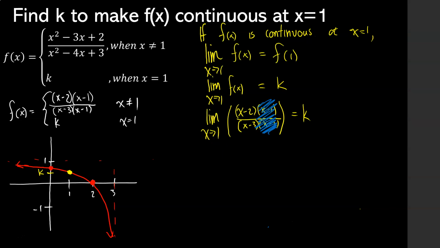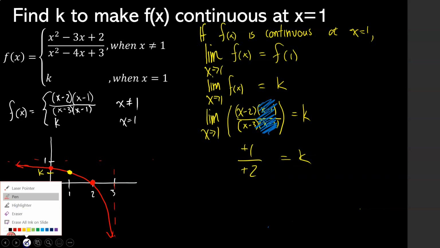We're using numbers a little bit less than 1 and a little bit more than 1. Look at what's left. All we really care about is x minus 2 over x minus 3, and that expression doesn't have any problems at 1. So 1 minus 2 is negative 1, and 1 minus 3 is negative 2. So k is equal to 1/2.